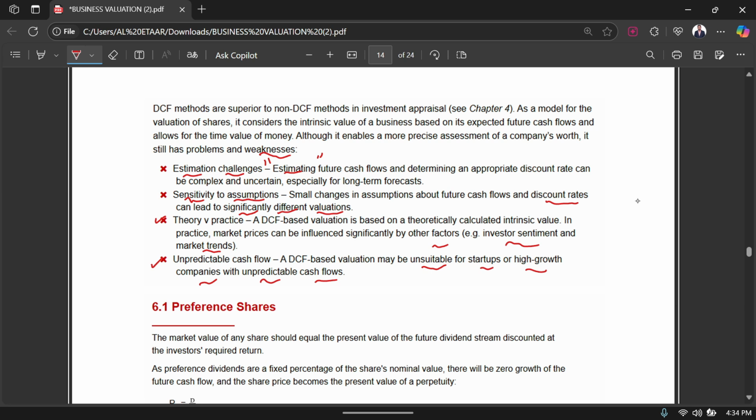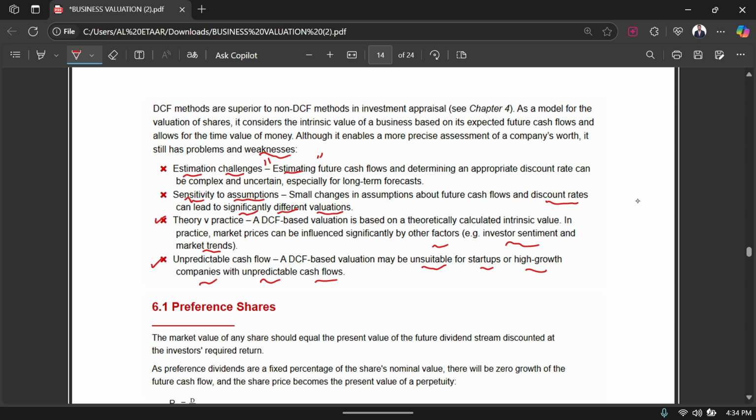But the companies which are small, startups, new companies, or which have high growth, right, they do not have a predictable cash flow. Rather, they have an unpredictable cash flow because they are new, they are startups, or they are growing very fast, so their cash flow keeps on changing. So in that company, it becomes very hard to predict the cash flow, and since the cash flow becomes unpredictable, you cannot use the discounted cash flow method.